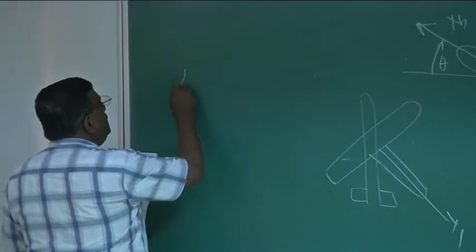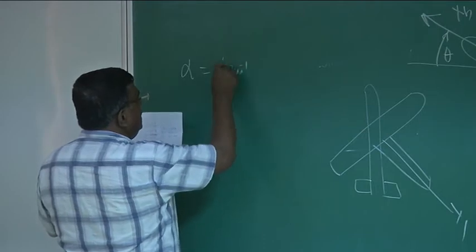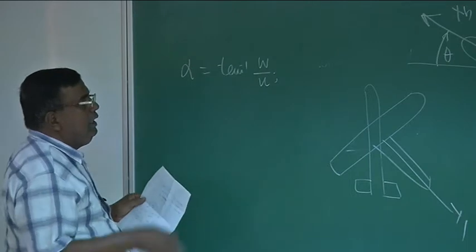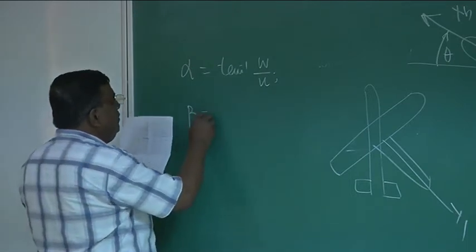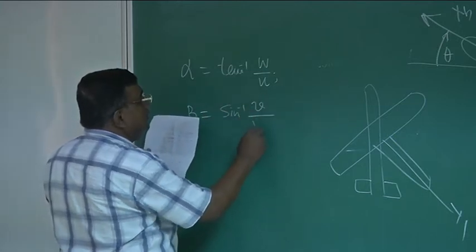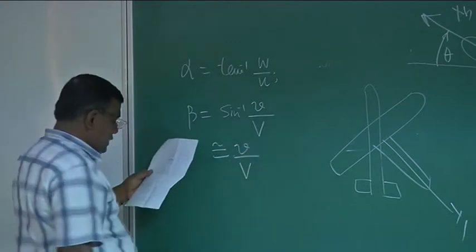Just for revision, alpha was tan inverse of W by U, and you can make out the vertical and the horizontal. And then beta we will be using as sine inverse of lateral versus total velocity, which mostly for small angles is like this.